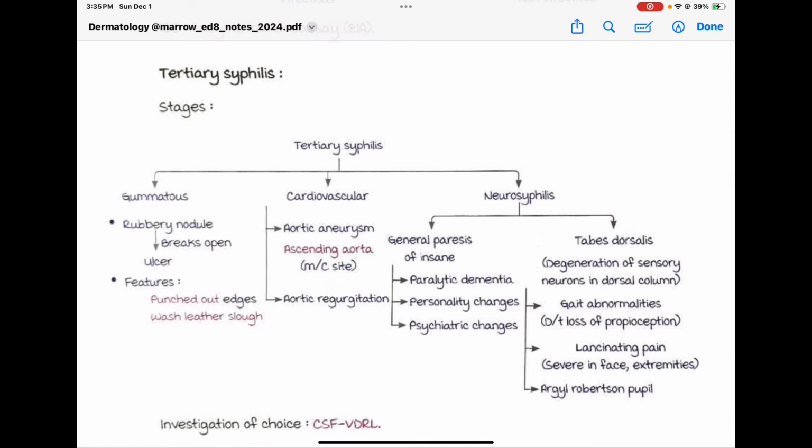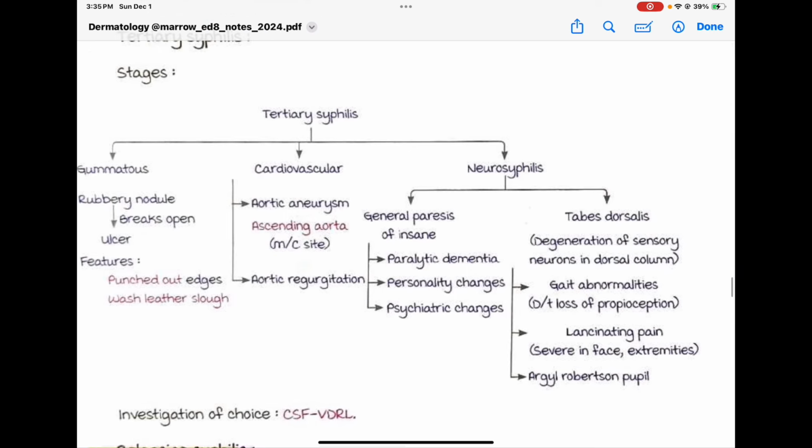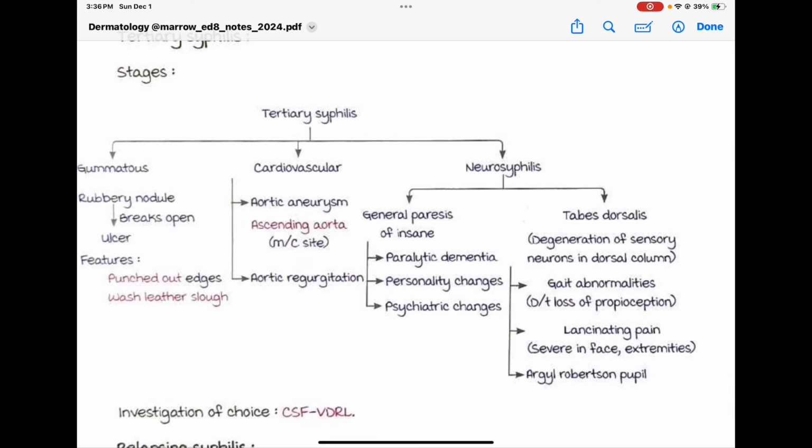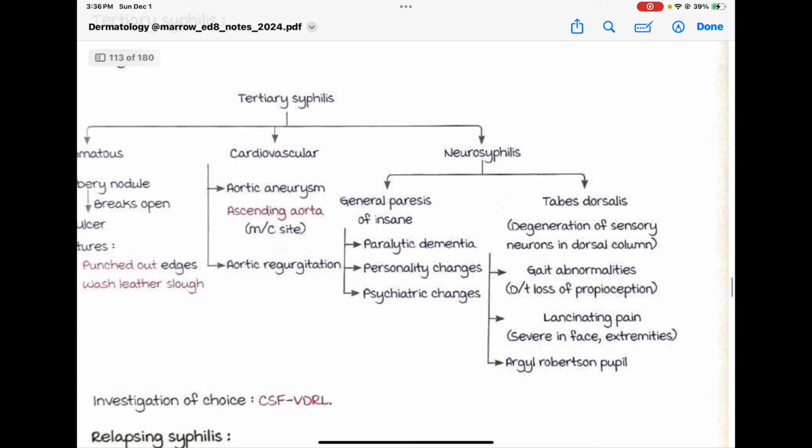Drug of choice: injection benzathine penicillin. So the government of Canada supplies free penicillin to give to all the patients who test positive for syphilis, and it is this formulation called benzathine penicillin.